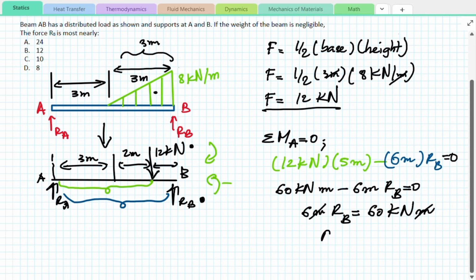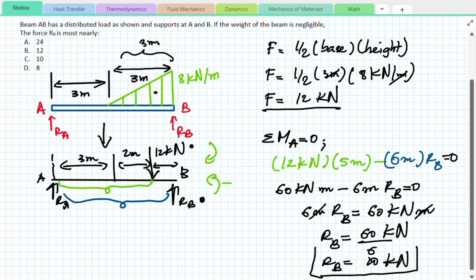So RB will be equal to 60 kilonewton over 6, which gives you 10 kilonewton. And that is the answer to the problem. Looking back at our proposed answers, that will be option C.